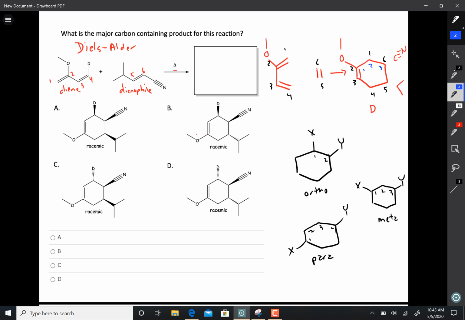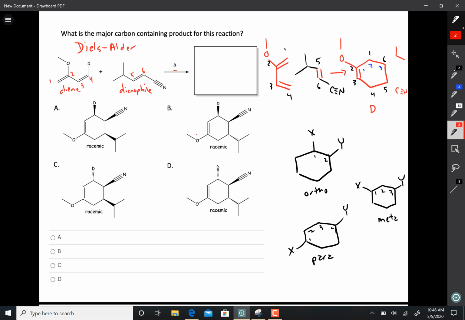So that doesn't obey the ortho-para rule, so what we have to do is switch 5 and 6, and have 5 and 6 be this way.